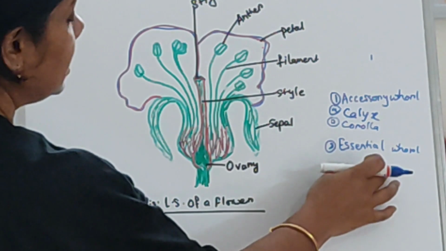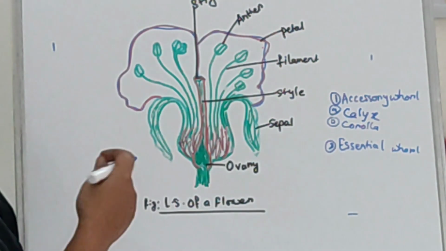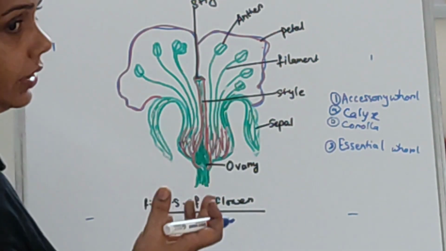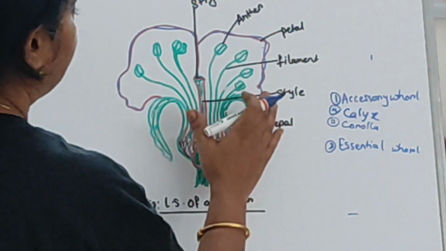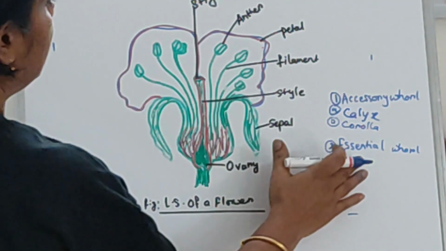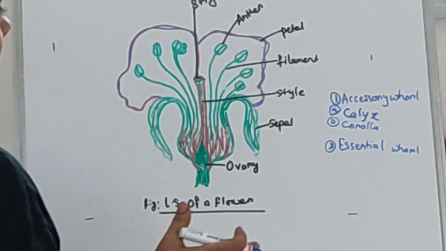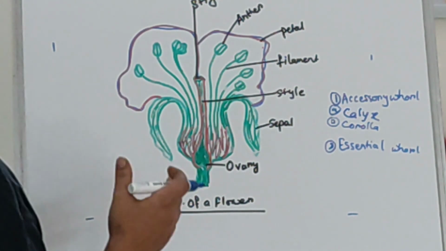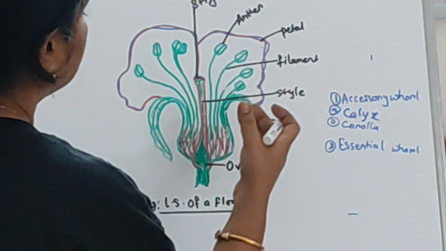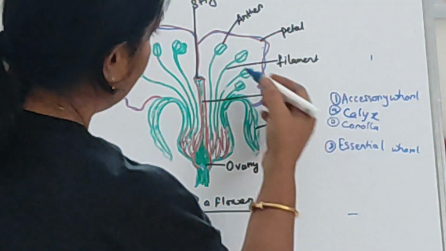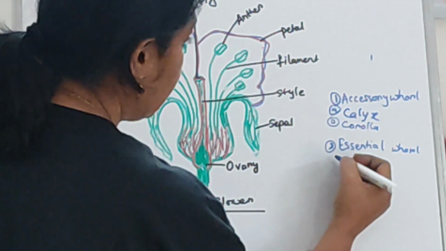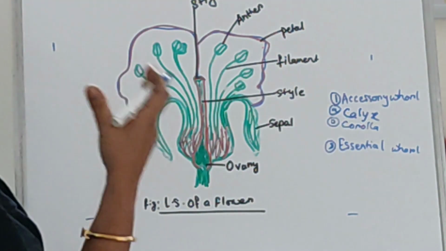Now see what the essential whorls are. Without these, the flowers can't do anything. So these parts of a flower are called the essential whorls of a flower. The essential whorls are the sex organs of a flower.